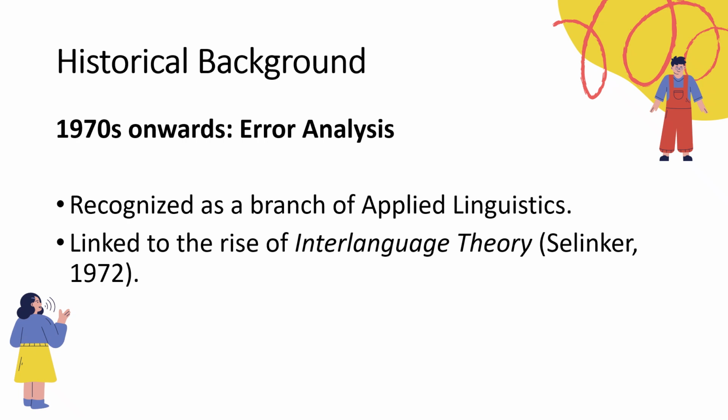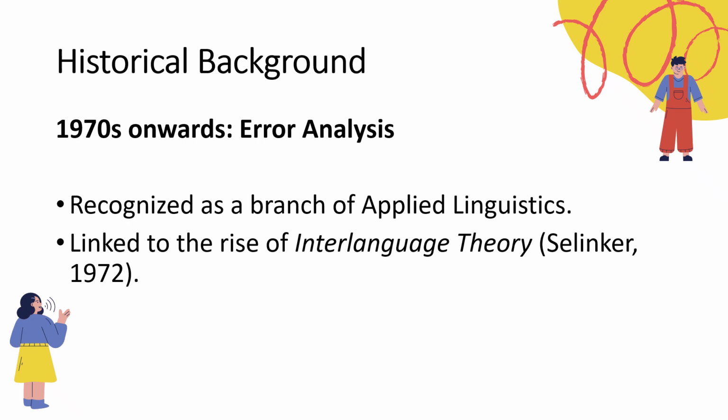And this is also linked to the rise of interlanguage theory. This is from Selinker in 1972. Larry Selinker was an American linguist who introduced the concept of interlanguage. It's a transitional language system used by second language learners, and the related phenomenon of fossilization, where a learner's linguistic system stops developing before achieving full native-like proficiency.